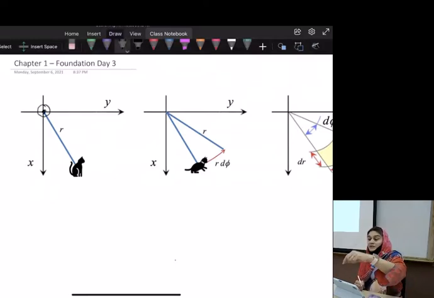Okay, I want you to take your coordinate systems and I want you to put them in such a way that they represent this coordinate system towards you, right? So your x should point towards you, your y should point towards the right, and z should point out of the paper. So put it in front of you for a second, okay?